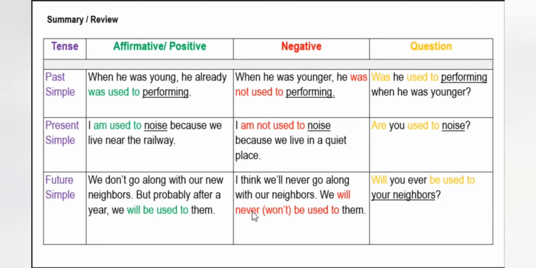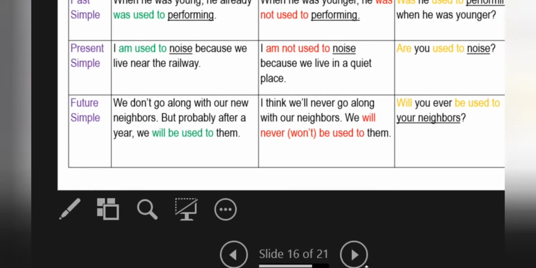The never is also possible, no? Or you won't be. This won't be is will not. That's how it is contracted. And then for the questions, the subject and linking verb or be verb, sorry, are just reversed. So he was becomes was he, you are becomes are you. Okay?